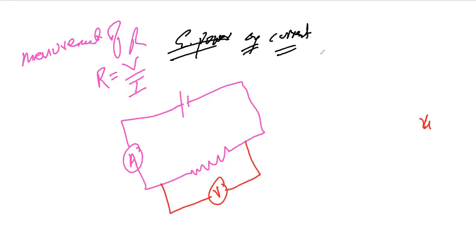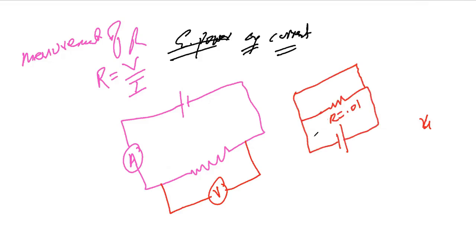I think you also studied this: there is a zero resistance and there is some other resistance, let's say that resistance is 0.01, and if I connect a potential over here, then this is the current.